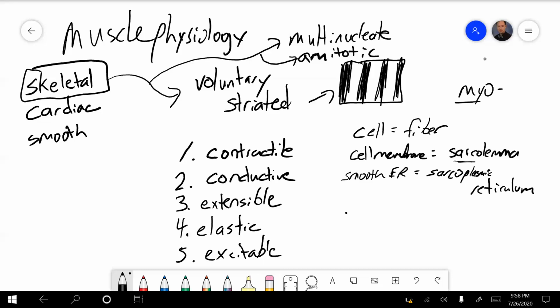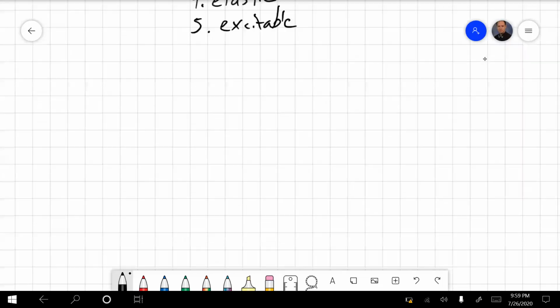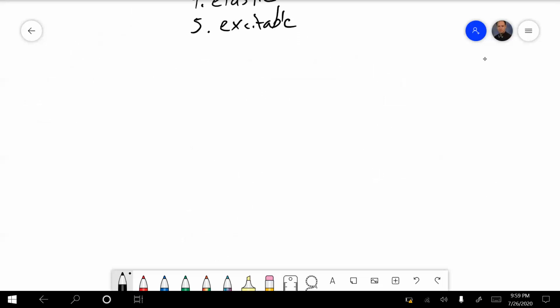So, as we discussed in the very beginning, one of the big themes of anatomy and physiology is the hierarchy of structure. And really, muscle is one of the better examples of this principle of hierarchy of structure. Your muscle is capable of tremendous amounts of force.